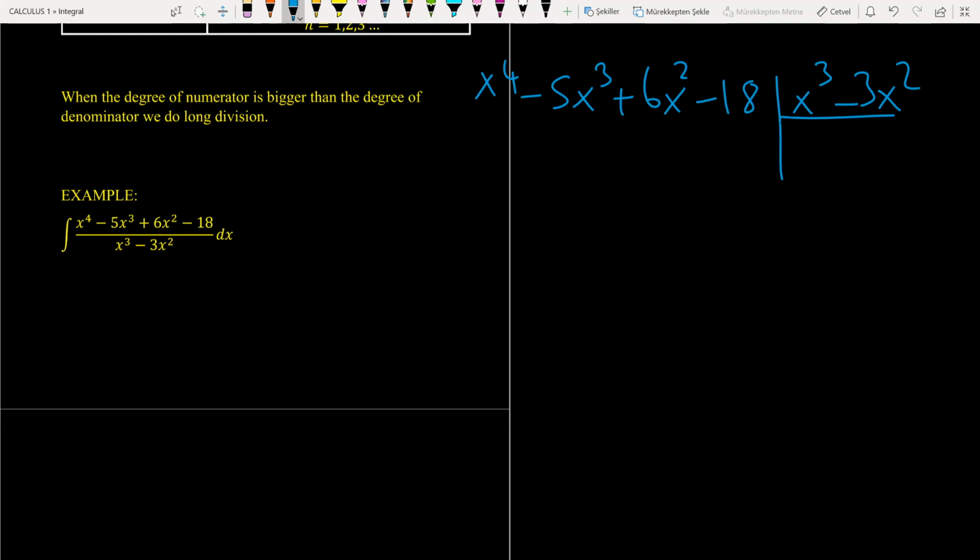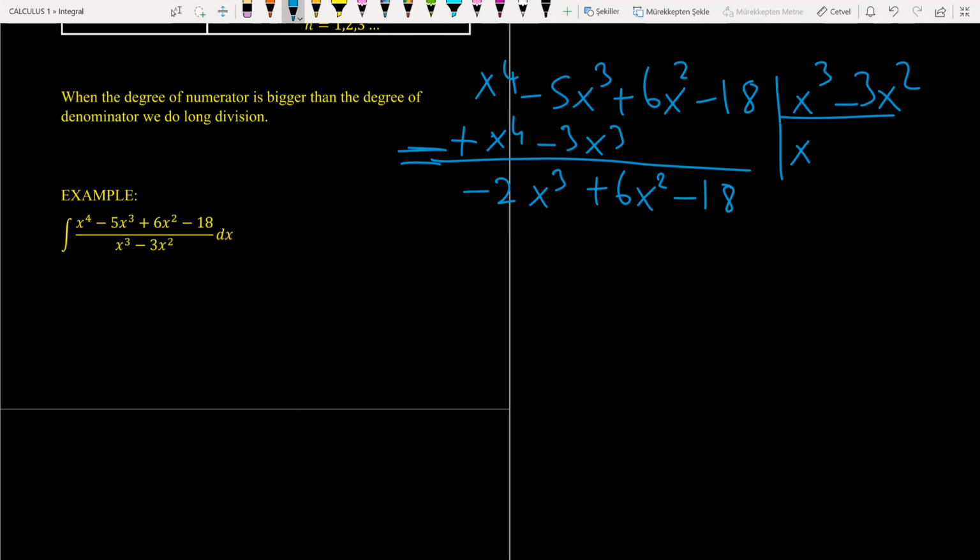I do the long division: you multiply by x, and I divide by minus x to the power 4 plus 3x cubed, so this is subtraction, and finally you have minus 2x cubed plus 6x squared minus 18. And if you continue, you have minus 18.